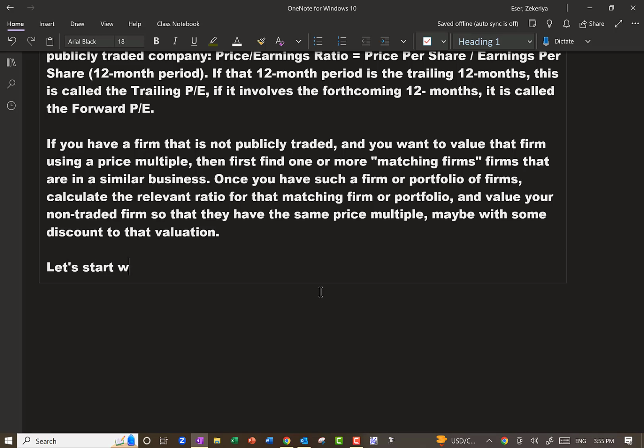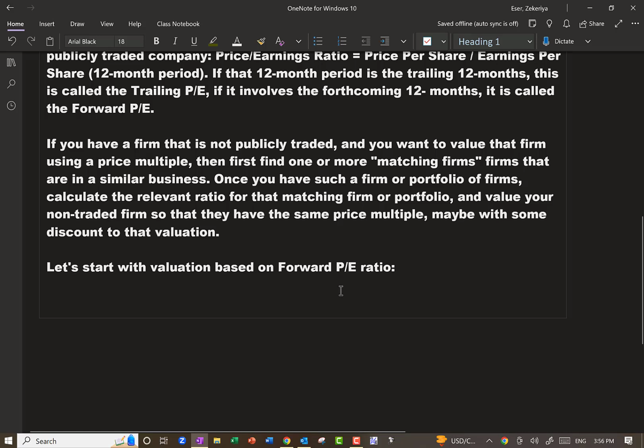Let's start with valuation based on forward PE ratio. Okay. I don't have a non-publicly traded firm, but I'm going to use a somewhat small firm.